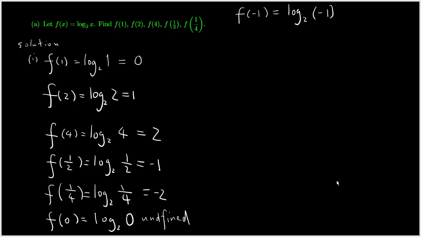This time you'll have to use brackets. 2 to what power is -1? 2 to any power is positive. 2 to no power is -1, right? This is also undefined. So does that make sense? And likewise, the value of the function at any negative number is undefined. At -100, undefined. This shows you how to compute the log values.